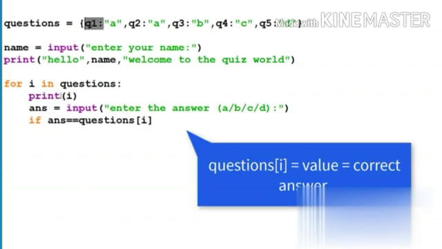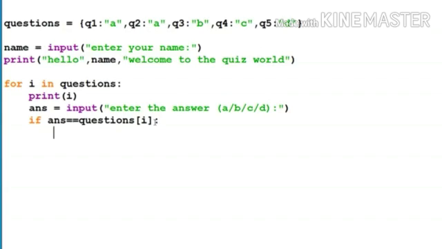Here we can see if question 1 is printed, questions of i will give the value, that is A, the correct answer for that. So we are checking the user entered answer with the value of that key, that is the correct answer of that question. If it is equal, then that means the correct answer. So we can print a message like correct answer, you got 1 point.